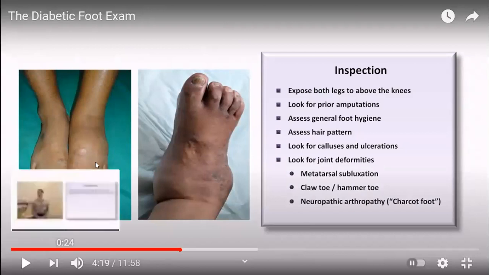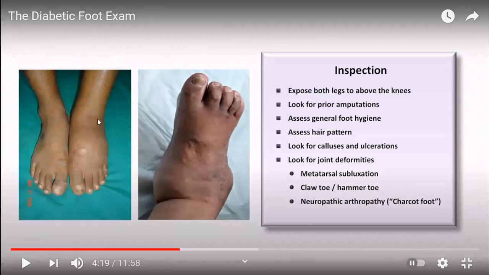So you see, in this foot, these two do not look the same, right? This one is edematous, so I can say they are not symmetrical, it is asymmetrical. And also there is a kind of scar mark here.